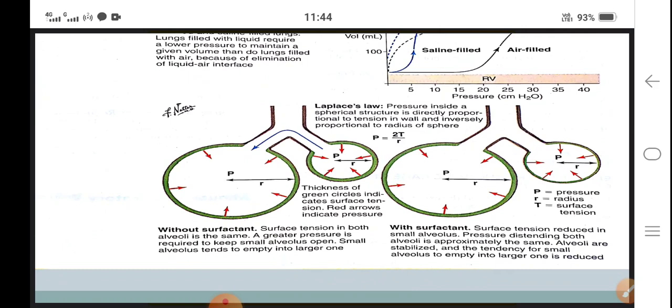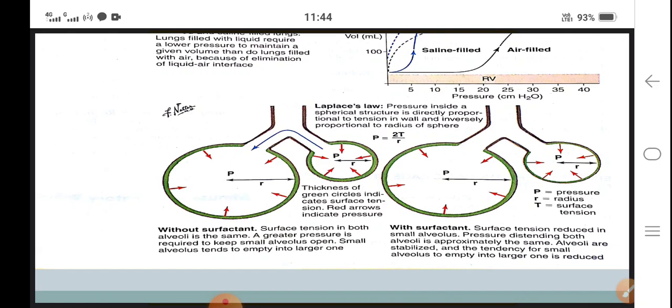Only tissue elastic forces are operative in the lungs filled with saline solution. Note the transpleural pressure required to expand air-filled lungs is about 3 times as high as that required to expand lungs filled with saline solution.